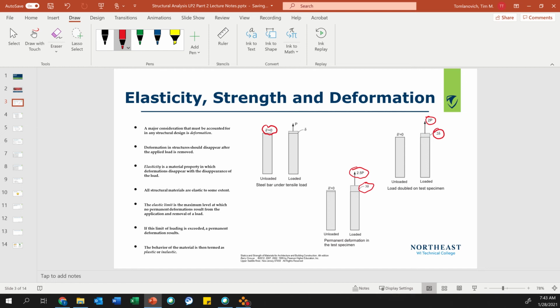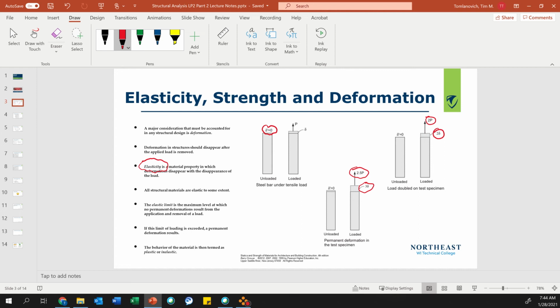So that's where we're going to talk about the term of elasticity. Basically elasticity, think of it as a rubber band. When you stretch a rubber band and you let it go, it comes back to its original shape. It's elastic. But there's a point when you stretch that rubber band too far, it will not come back. All the deformation will not disappear.